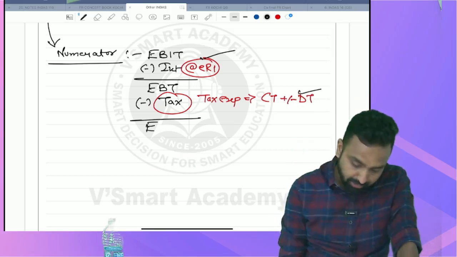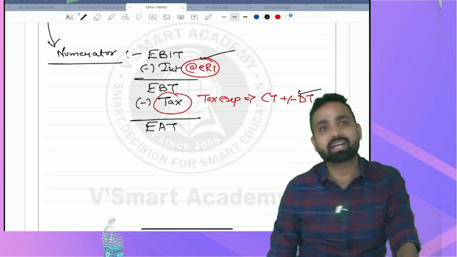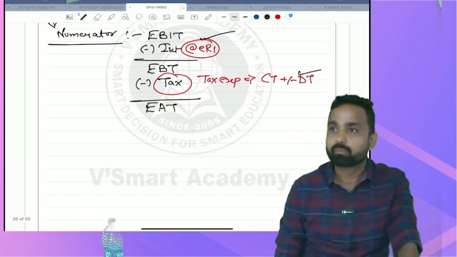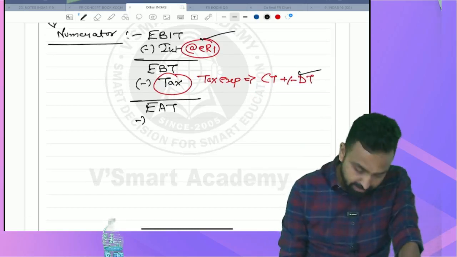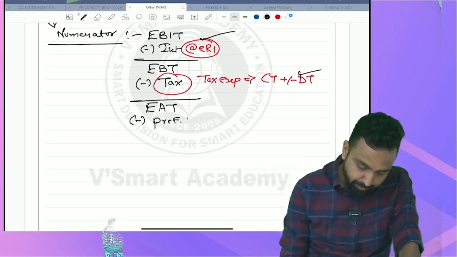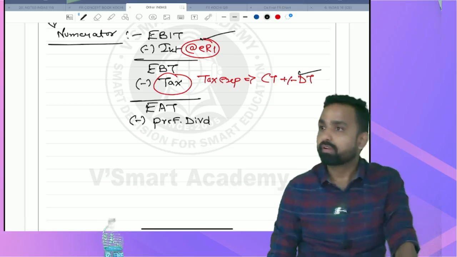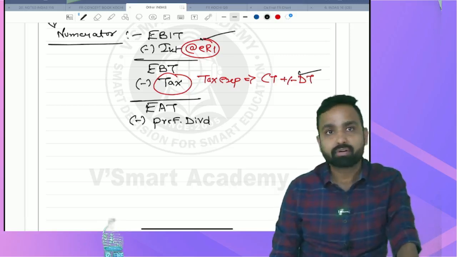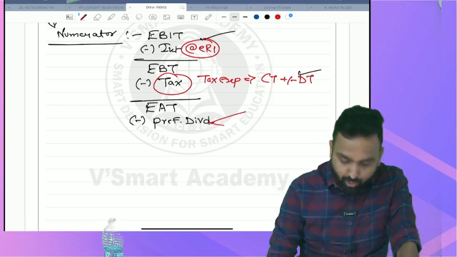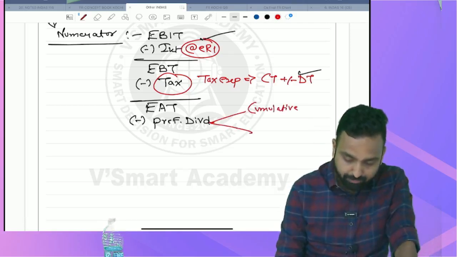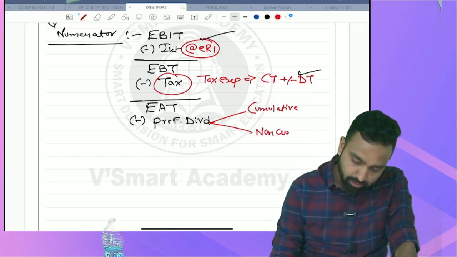Now, effective EAT, earnings after tax. Now what you will do? Minus preference dividend. For preference dividend, there are two things. Is it a cumulative preference share or non-cumulative?